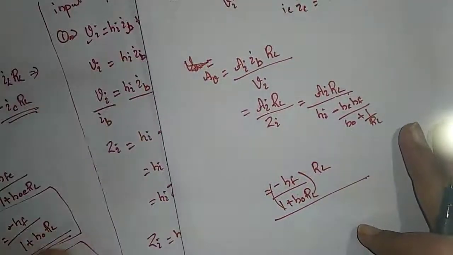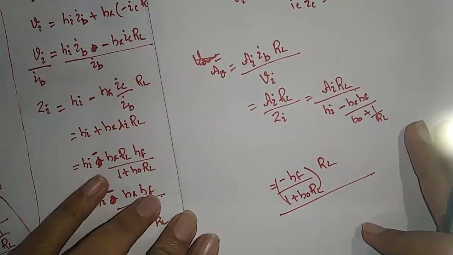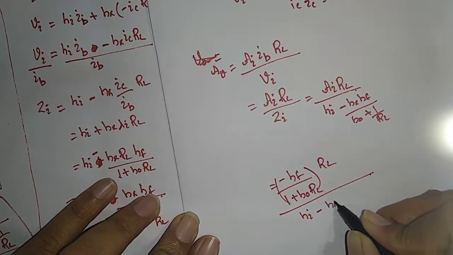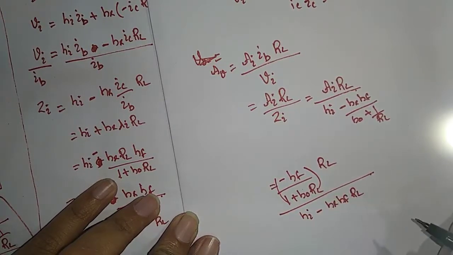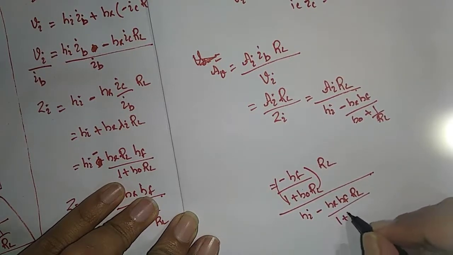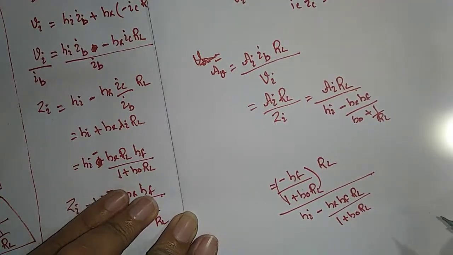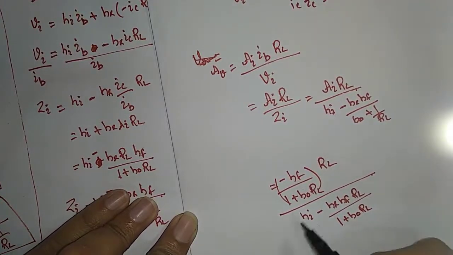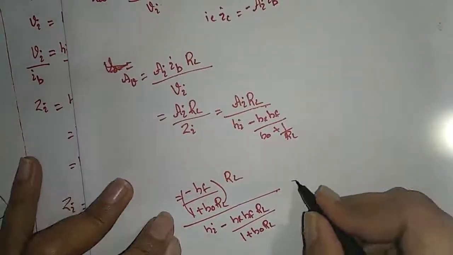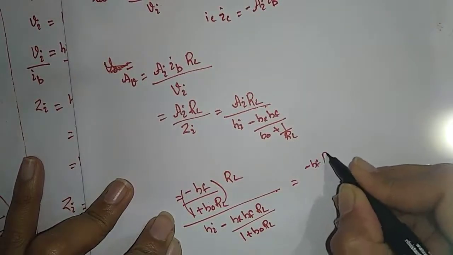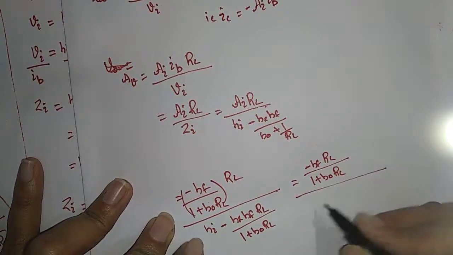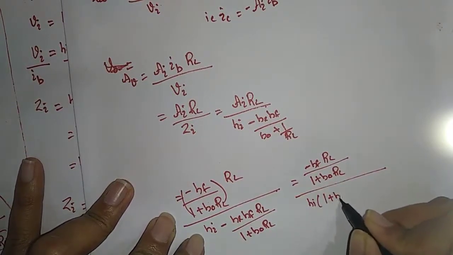The Zi equation I have already given you, or I can also write it as Hi minus Hr Hf RL divided by 1 plus Ho RL. Okay, so if I am looking like this, how can I solve for this? That is minus Hf RL by 1 plus Ho RL divided by Hi into 1 plus Ho RL.